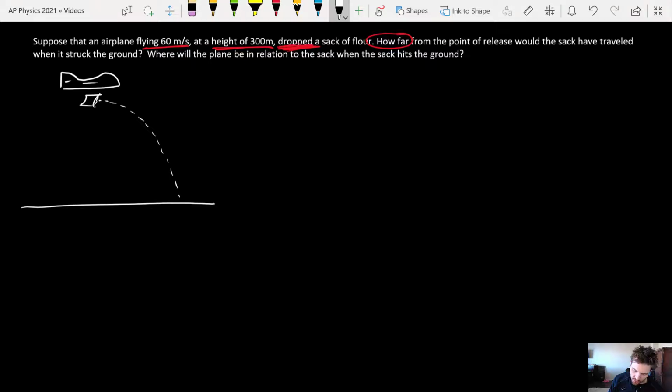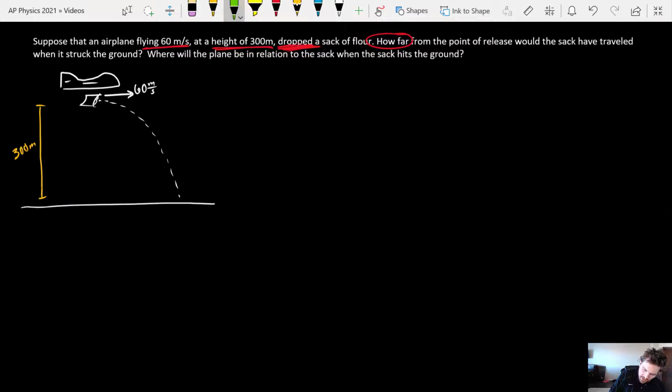Okay, now what do we know? We know that this bag is going at 60 meters per second horizontally. We know that it is at a height of, looks like 300 meters. And we know, that's about it.